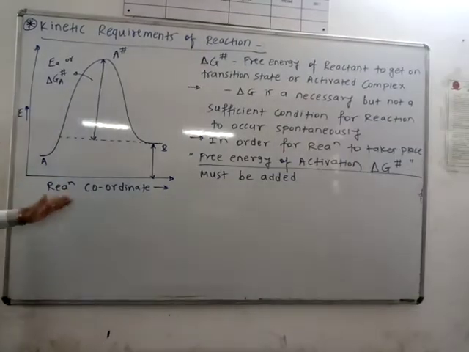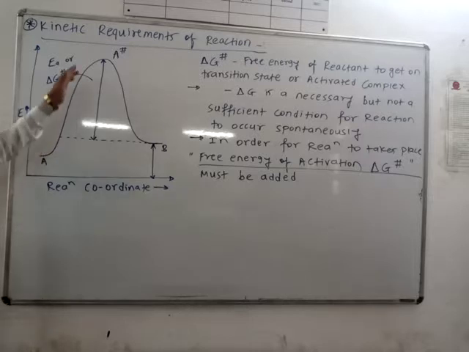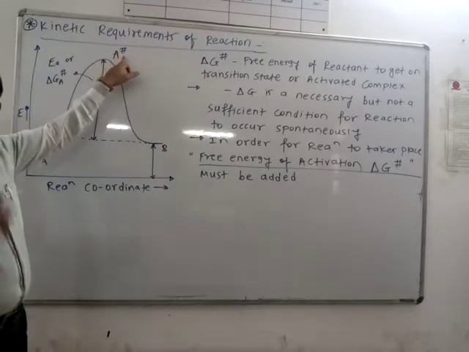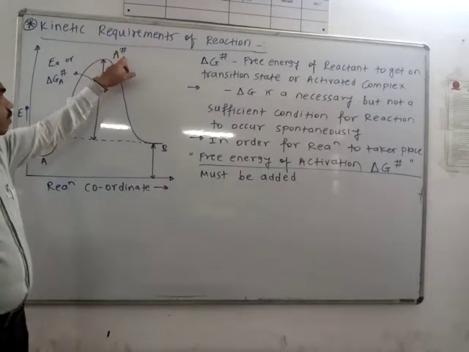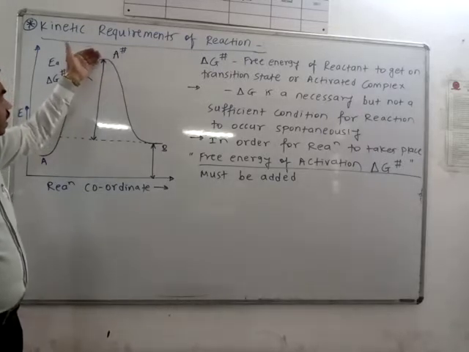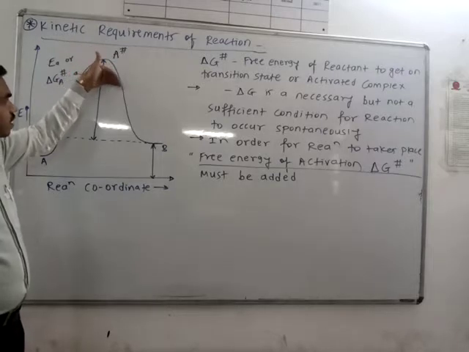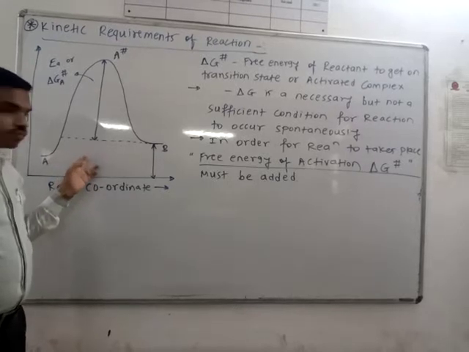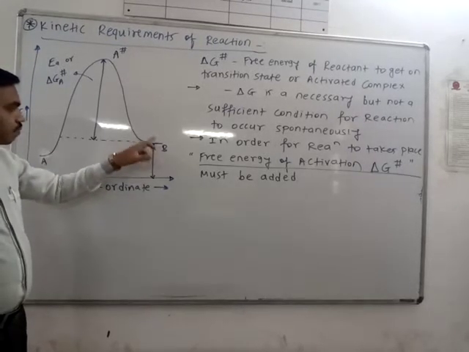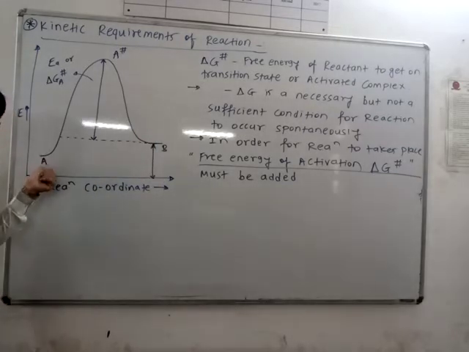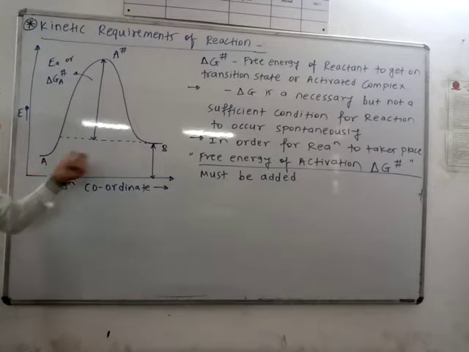This is energy, again reaction coordinate, starting material A. If you start the reaction, it will convert into A double dagger. This sign is a double dagger, and this is nothing but the TS, transition state, or activated complex, and it is converted into the product. So in the kinetic requirement of the reaction, the product is less stable than the reactant. The reactant is more stable than the product.